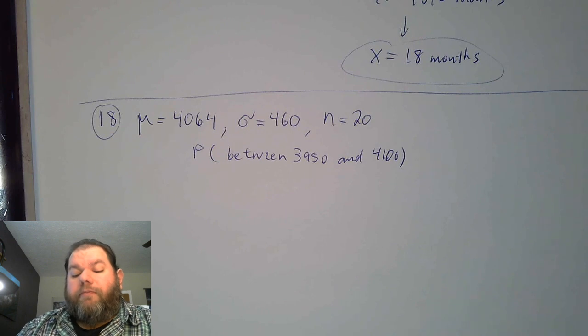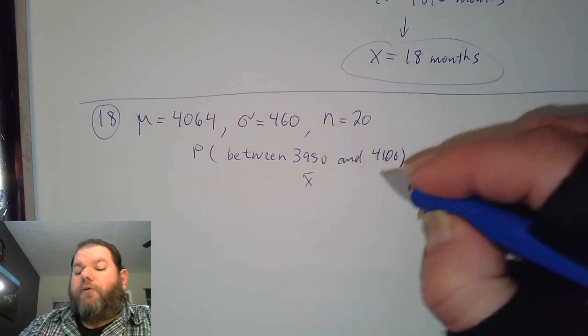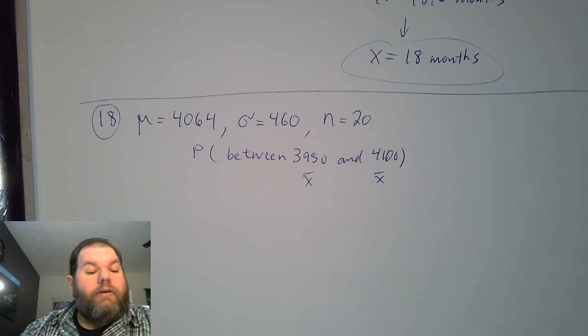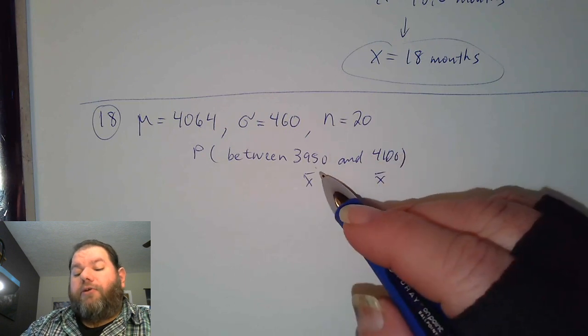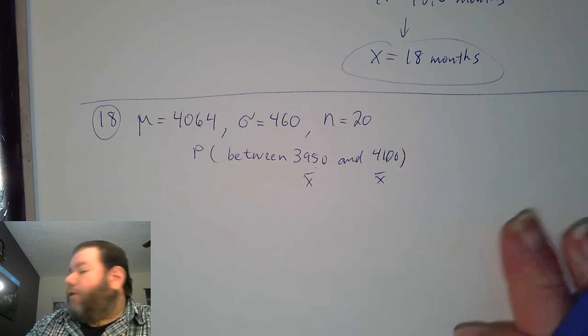Now, these values are both sample means. This is the mean benefit for a sample of 20 patients is between these two numbers, 3,950 and 4,100.